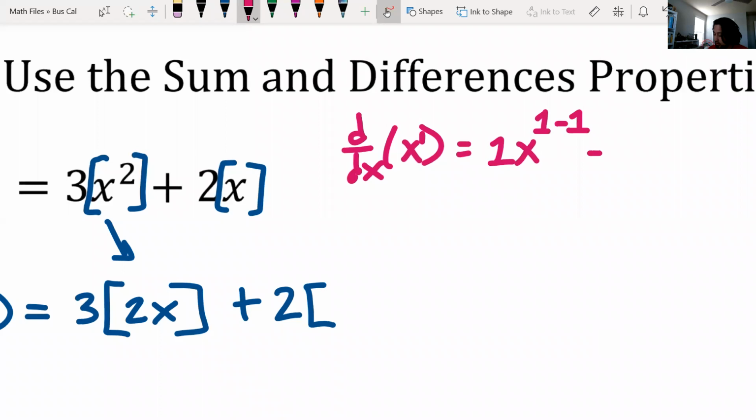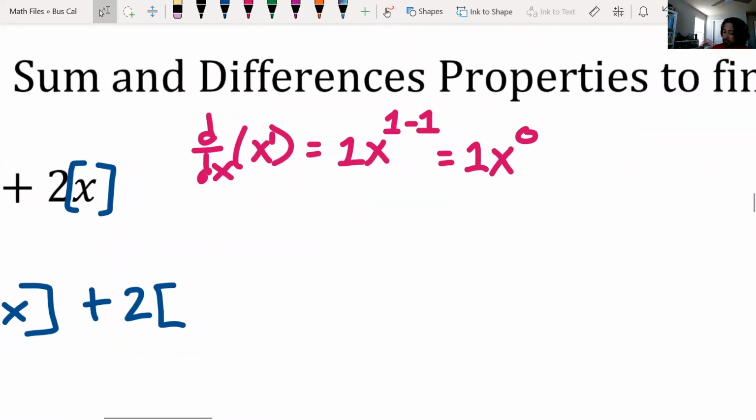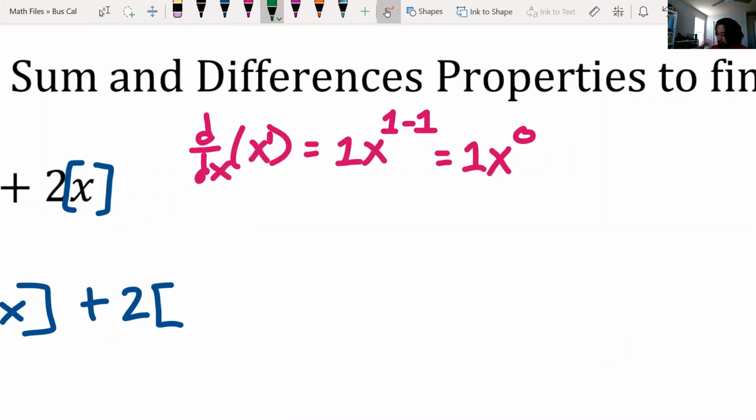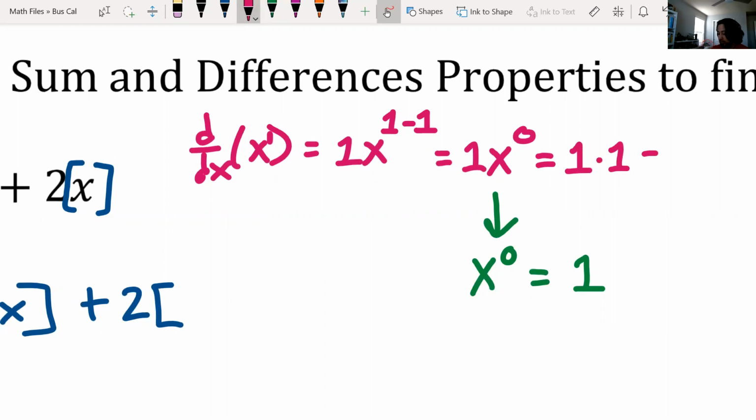And then you'd get 1 times x to the 0th. And remember, any number to the 0th power is always 1. So this just becomes 1 times 1, which is 1.